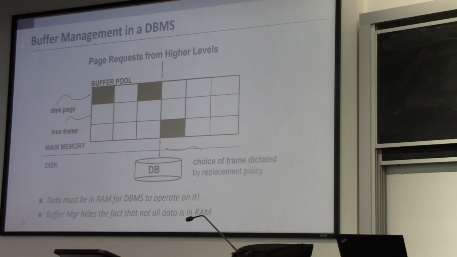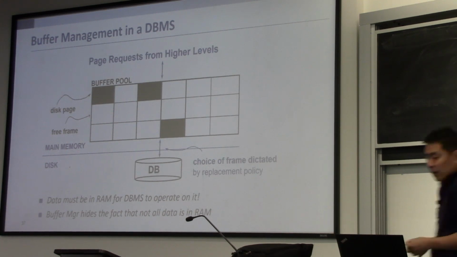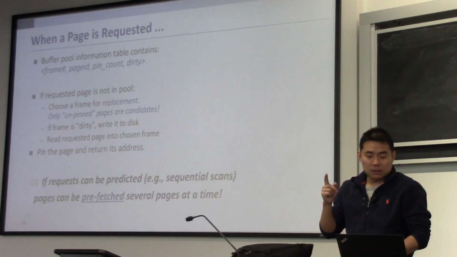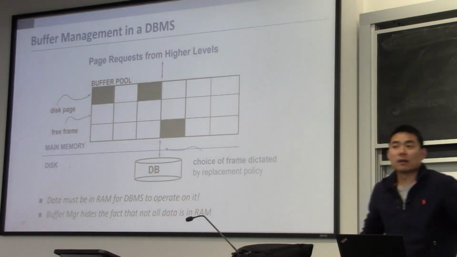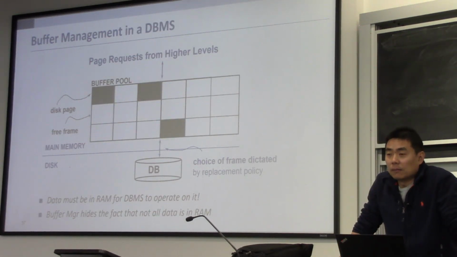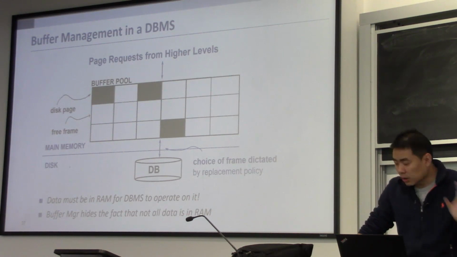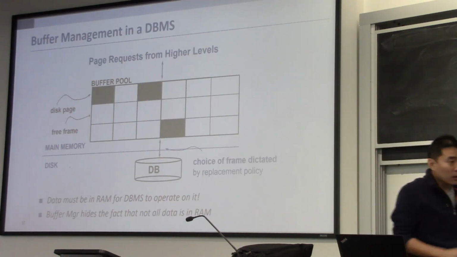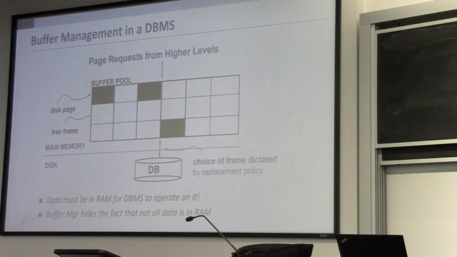Okay? So this is called buffer management. And an important topic under this is buffer replacement algorithm. I won't go into the details, but I want to point out to you the basic structure of how we implement buffer.